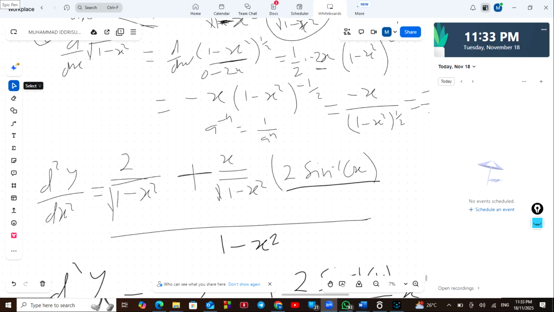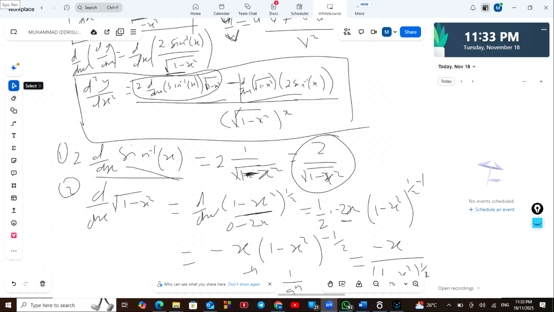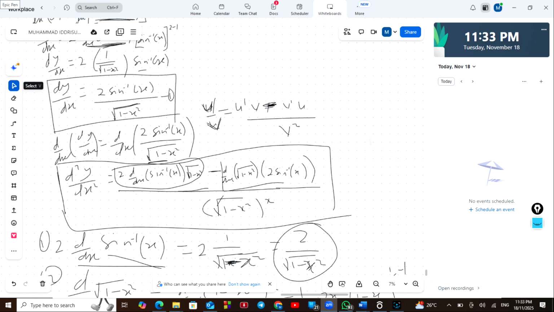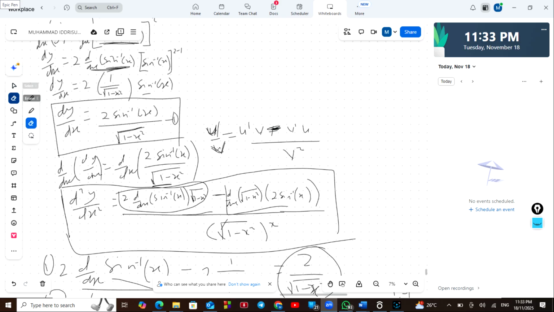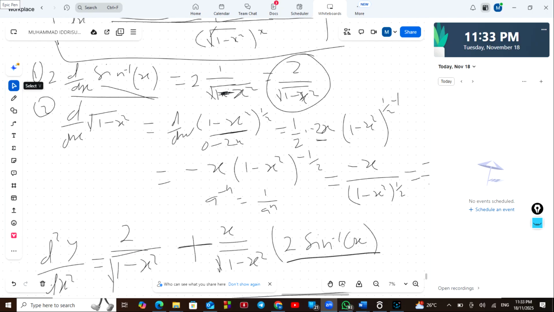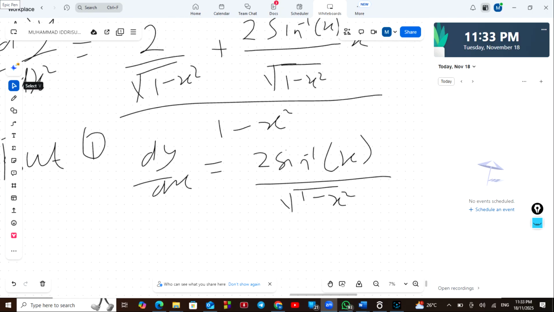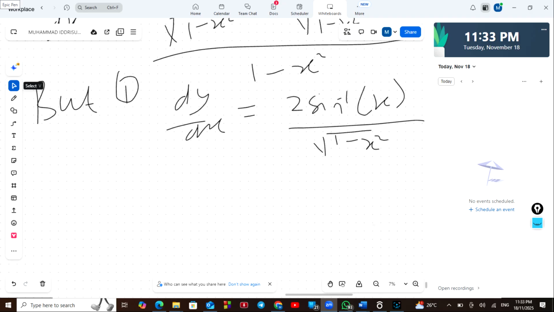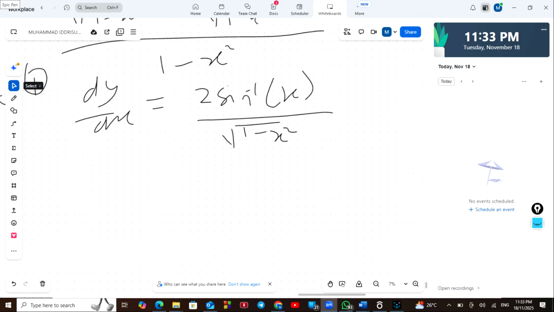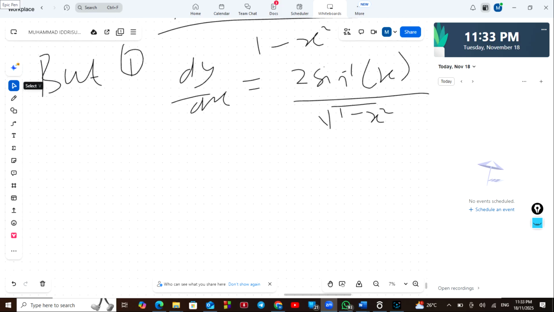Let's check it once again. Here, dy dx is equal to what? 2 sine inverse of x all over the square root of 1 minus x square. So wherever we see 2 sine inverse of x all over the square root of 1 minus x square, we represent it by dy dx.